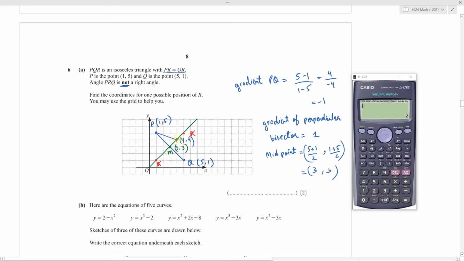This line here, and this line here. Now this length is equal to this length, and this angle here is not 90 degrees. So this is one possible position of R, which is 4 and 4. Any other points on this line, except these two points, are also acceptable answers.